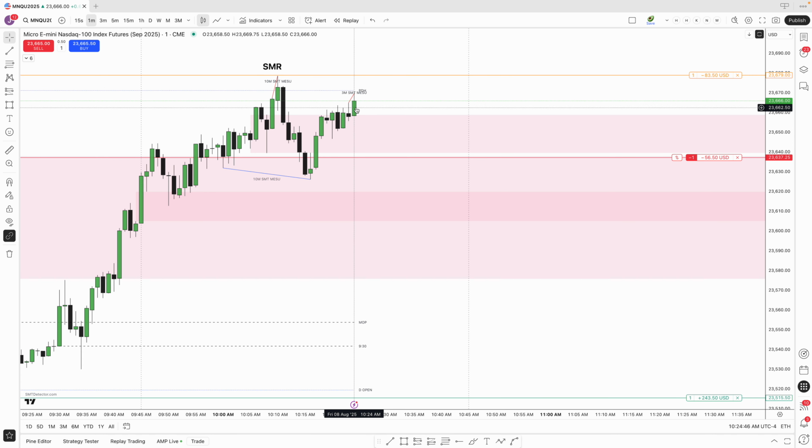Ideally, if this closes bullish, the next candle would really need to roll down and close bearish, or else I'm going to get stopped out. So this would need to close bearish, or else it's going to stop me out. ES is rolling down. YM rolling downwards as well. So NQ would need to go south here.